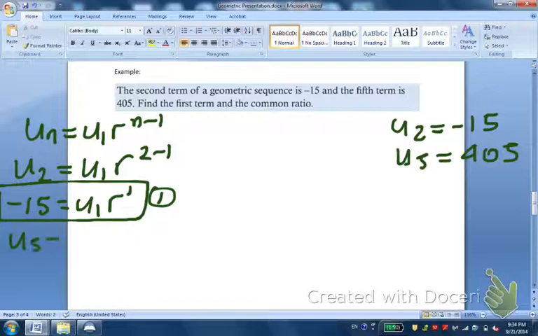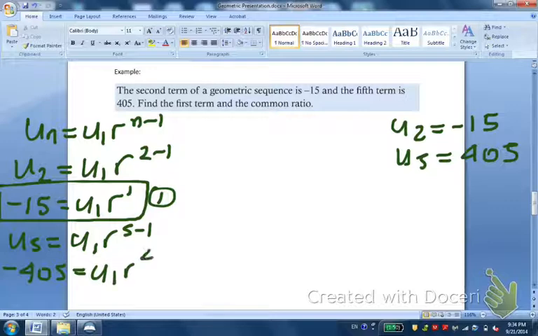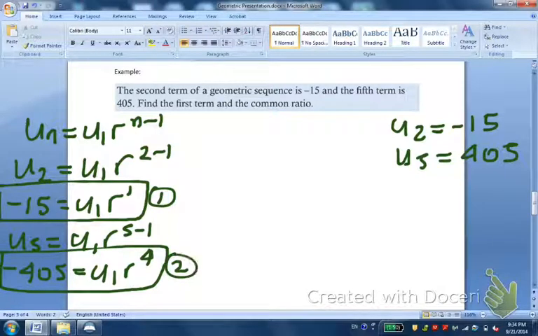Let's write now the same information for u of 5. U of 5 is u of 1 r to the 5 minus 1. U of 5 is 405. 5 minus 1 is 4, so 405 is u of 1 r to the 4th. Let's put this second equation in a little box here. Call it equation 2.